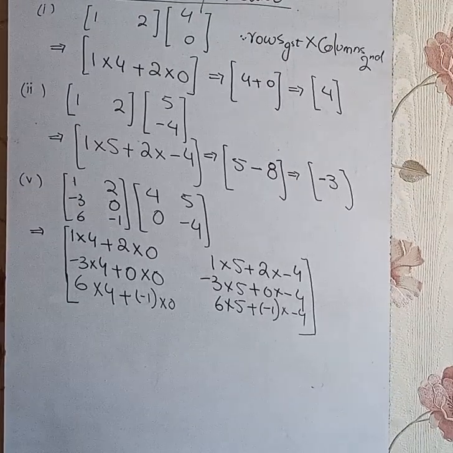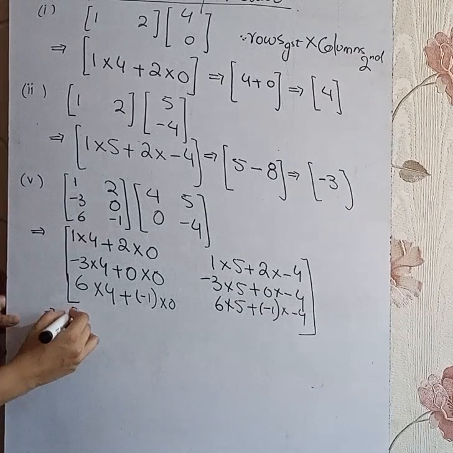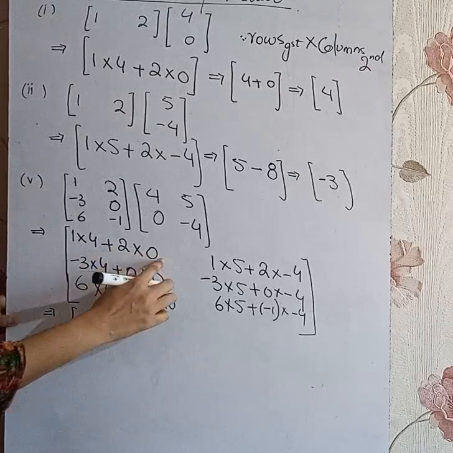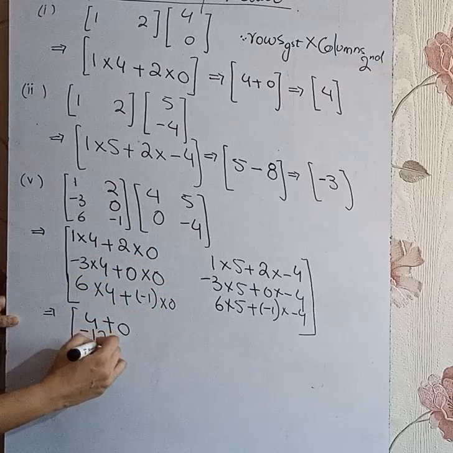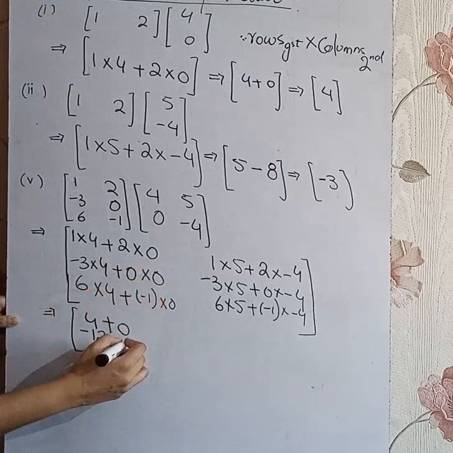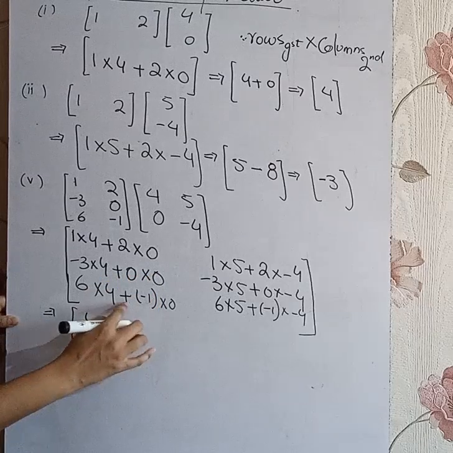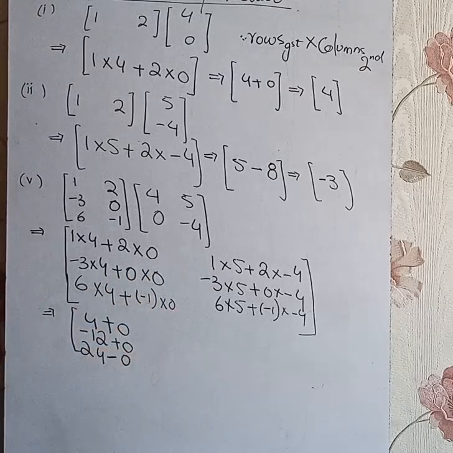Okay, 1 times 4 is 4 plus 2 times 0. Minus 3 multiplied by 4 is minus 12 plus 0 into 0 is 0. 6 into 4 is 24 plus minus 1 into 0 is 0.